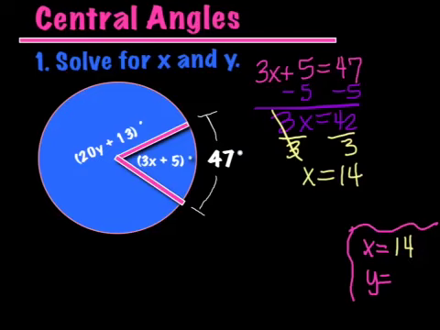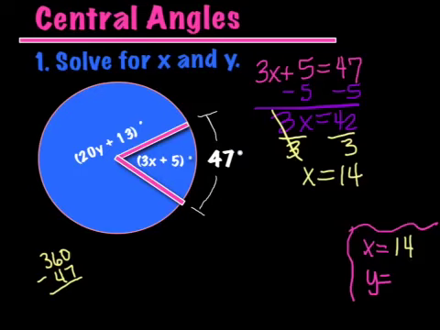Now, how do you think we're going to get y? Well, remember that a complete circle is 360 degrees. So this arc right here would be 360 minus this one. So why don't we figure that out real quick? 360 minus 47.